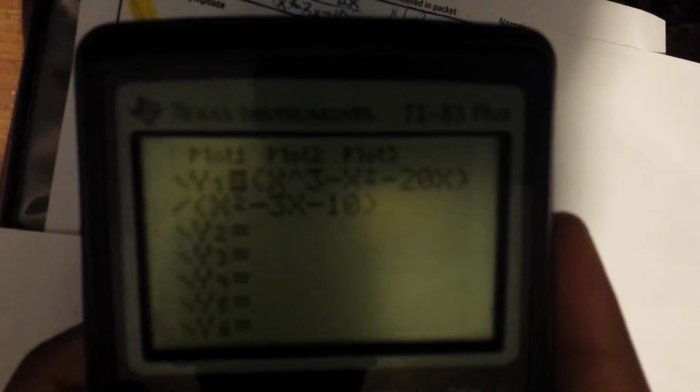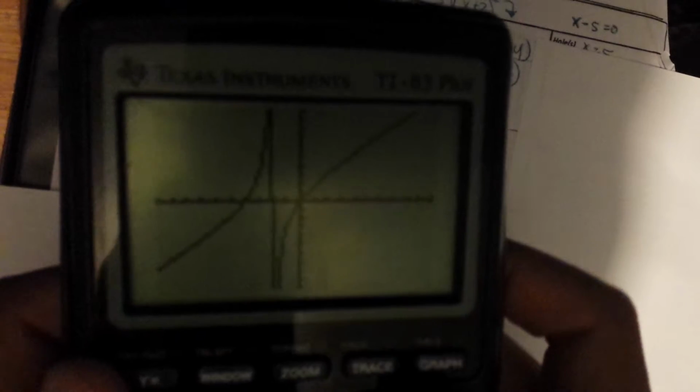Don't forget the parentheses. Use your original equation. Don't forget to use the parentheses, because that will change your answer and your graph. So you hit graph, and you should have this.